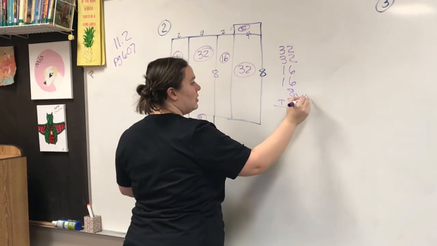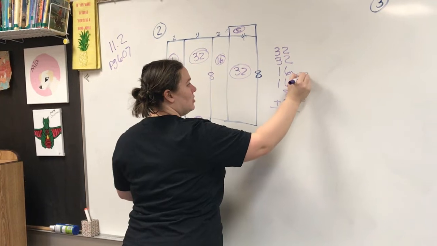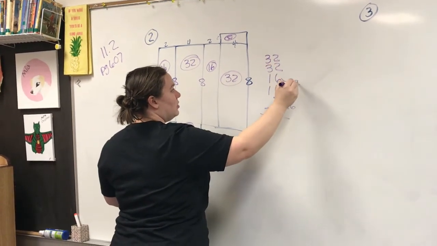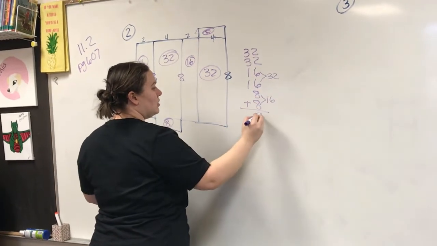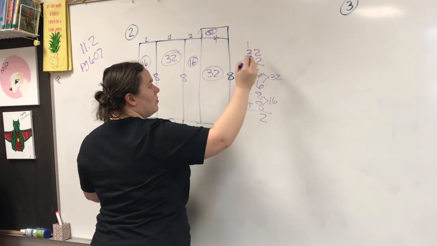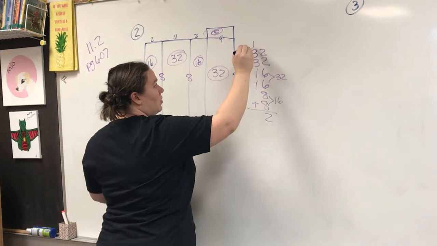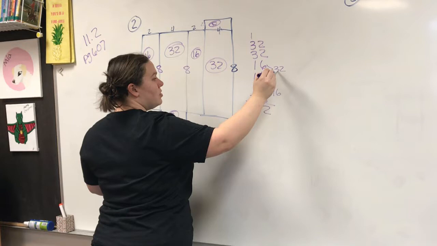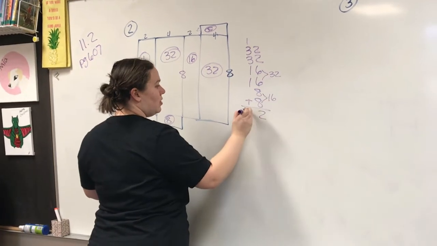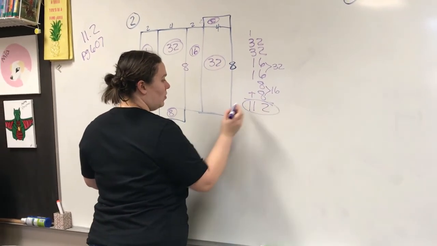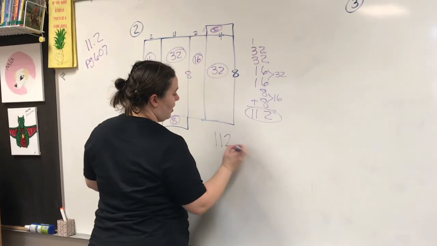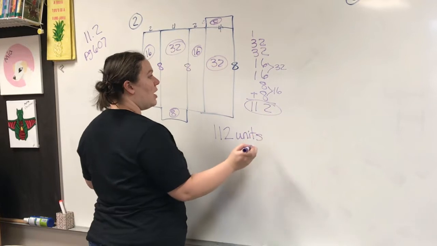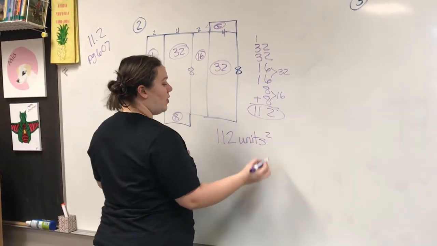This is 16, this is 32, 2 plus 2 plus 2 is 6, plus 6 is 12, 4, 7, 10, 11. 112 units, and because we're finding the area, it would be squared.